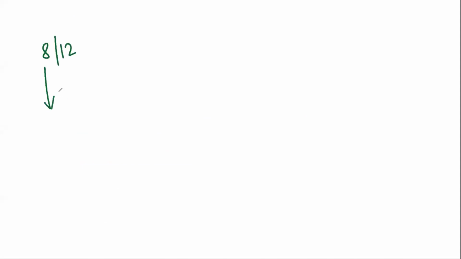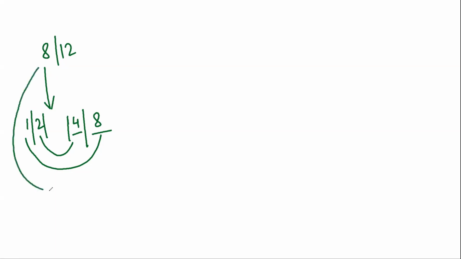So, what are the factors of 8, Mr. Sarthak? 1, 2. What should I write here? 8. What should I write here? 4. Any other factor? No, sir. So the factors of 8 are 1, 2, 4, 8.